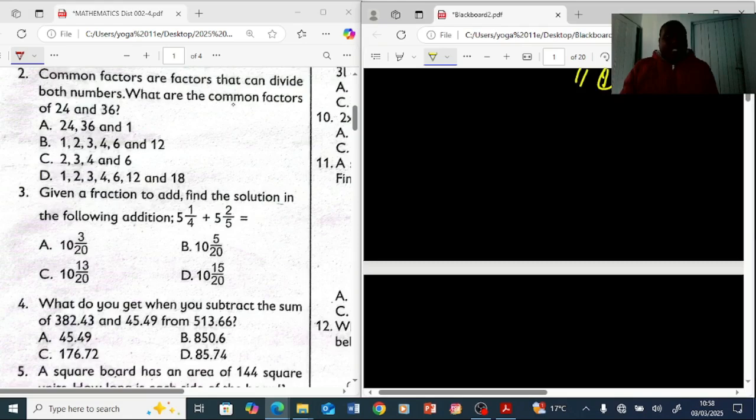Common factors are factors that can divide both numbers. What are the common factors of 24 and 36? So to get those numbers, you find the greatest common divisor of 24 and 36. That one will help us.